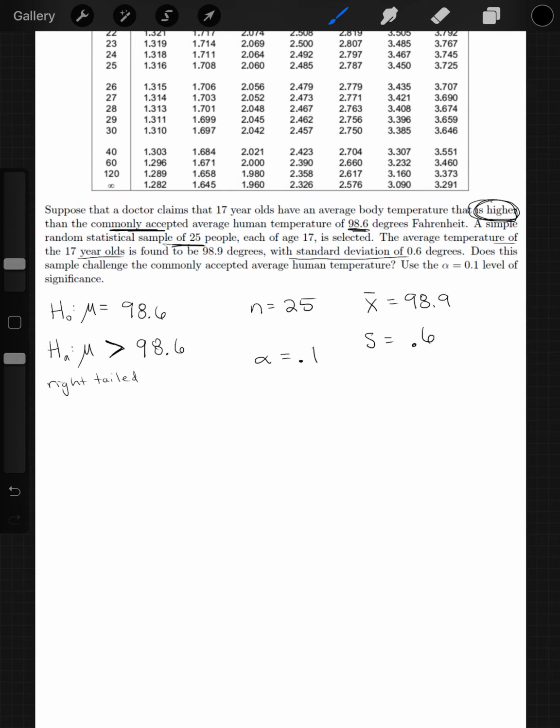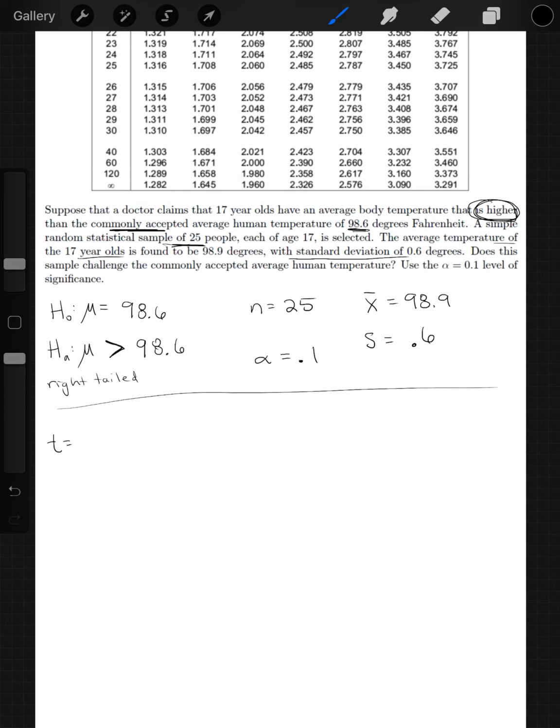So this would be the stuff that we would plug into our calculator, if we wanted to do it that way. But for us, we need our test statistic, and we need t sub alpha.